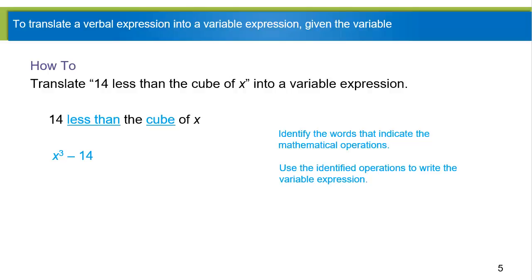For instance, how do you translate something as simple as 14 less than the cube of x into a variable expression? Well, less than is the key. Anytime you see less than, you know you're doing subtraction. However, here's where it gets a little tricky. When you see is less than, is always implies equals, so when you put that is on there, it means it's equal to being less than, and then all of a sudden you get the less than symbol.